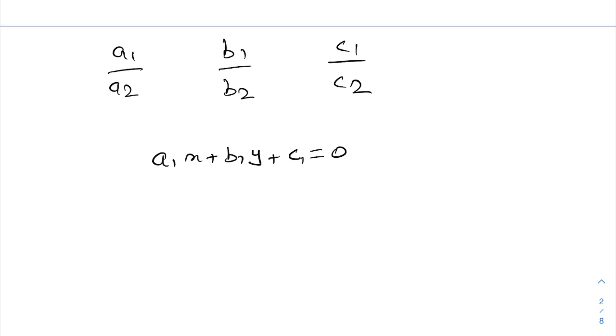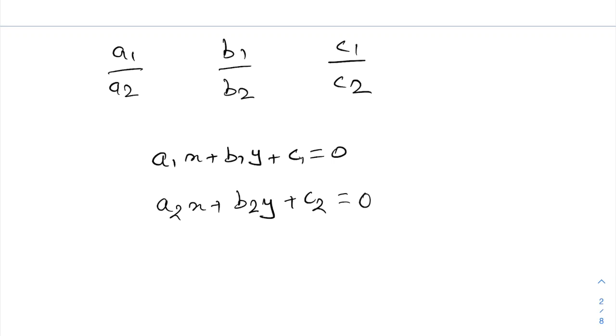Is it clear? Now as we are learning pair of linear equations in two variables, we need to write the second equation also. So the second equation will be a2x plus b2y plus c2 equals 0.